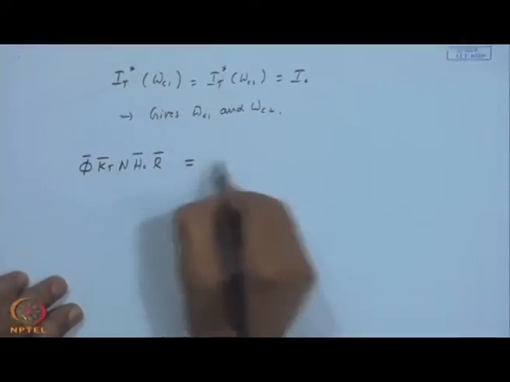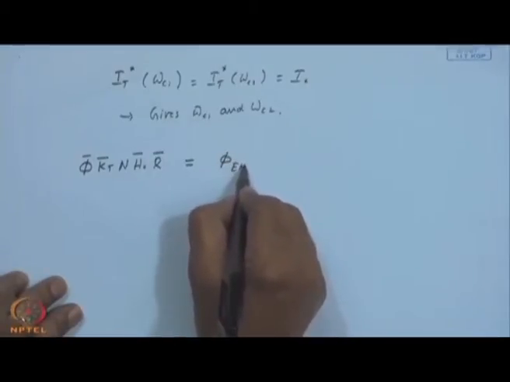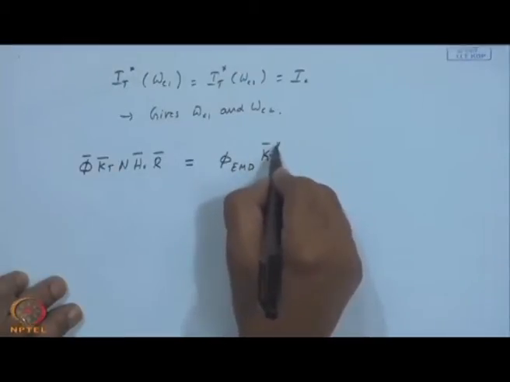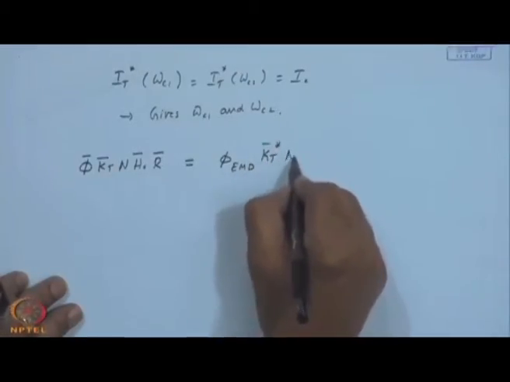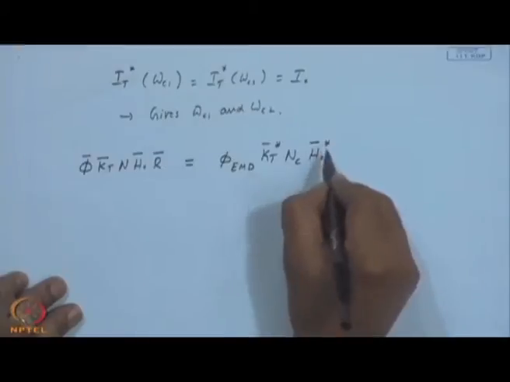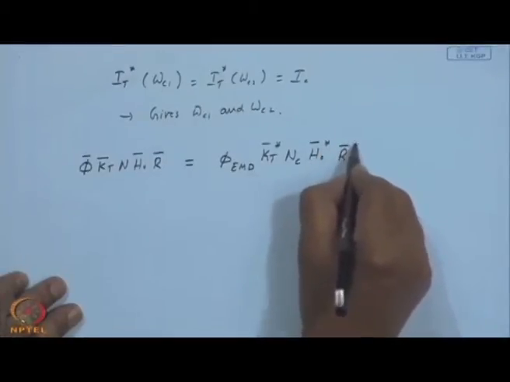That should be the same as, by a simple energy balance, phi EMD times kT bar star times NC, the number of days above the critical level, times H0 bar star R bar star.